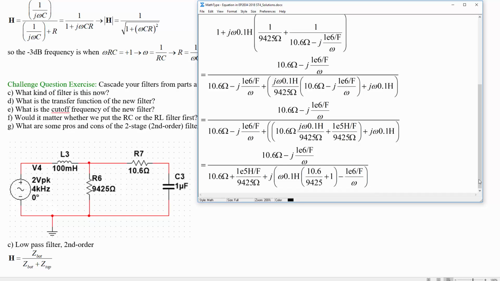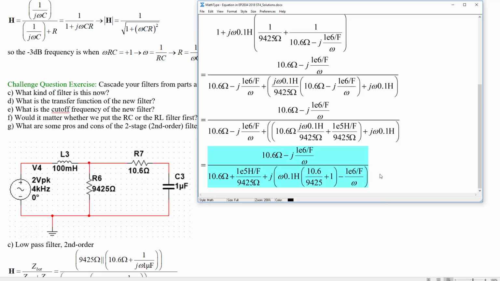Okay, so in order to find out what the 3 dB frequency is of this, we're going to have to look at taking the magnitude and simplifying it. So to find the 3 dB frequencies of this, we're going to be looking for where the magnitude of this has reduced to 1 over root 2, because the gain at extremely low frequencies we worked out is equal to 1 because of that limit.